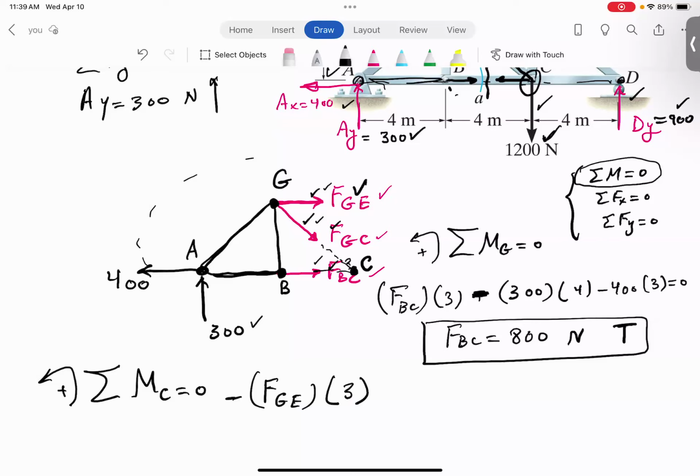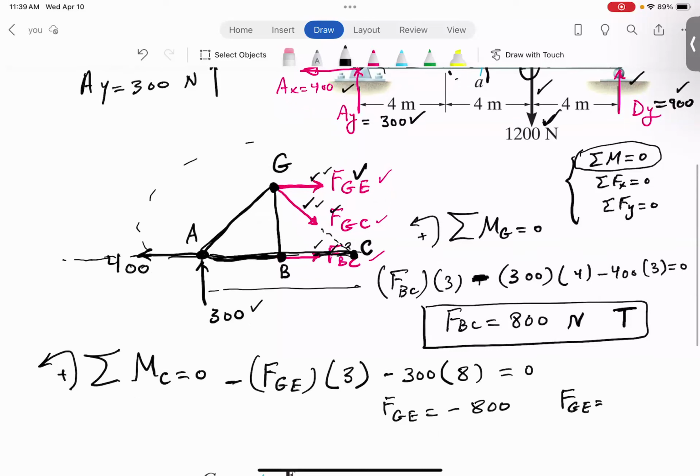That is going negative, clockwise. 100 times 8, that distance. And 400 actually is lined up. But easily see that FGE has to be negative. The way we would write our answer is that FGE is 800 Newton and uppercase C, which means that member is in compression.